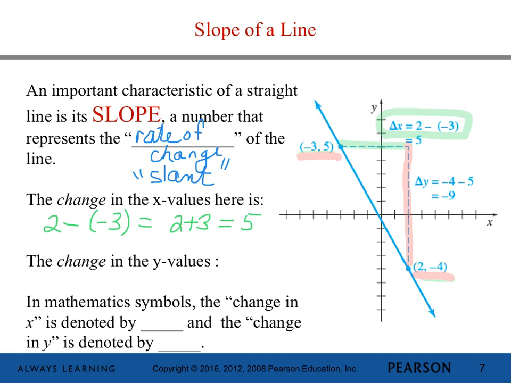So we're going to start with the negative 4 and subtract the positive 5, which gives us negative 9. And so we say that delta y is equal to negative 4 minus 5.